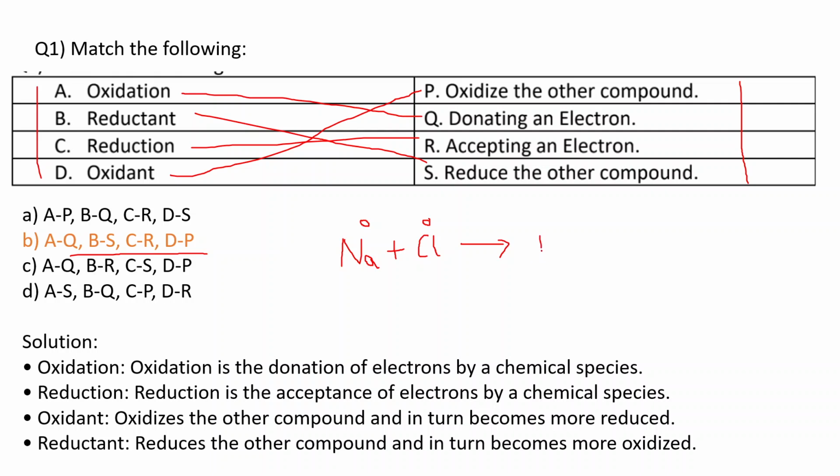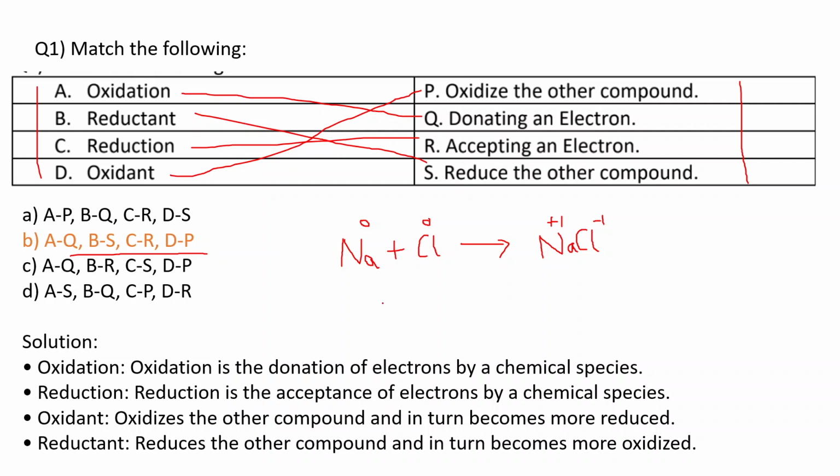When they form a salt, in NaCl form, here sodium is in +1 state and chloride is in -1 state.